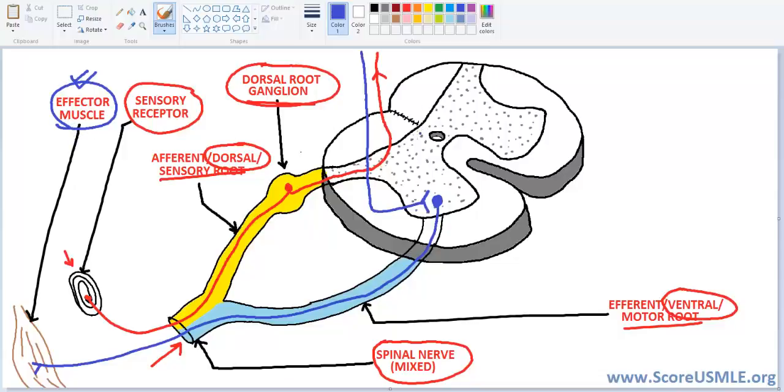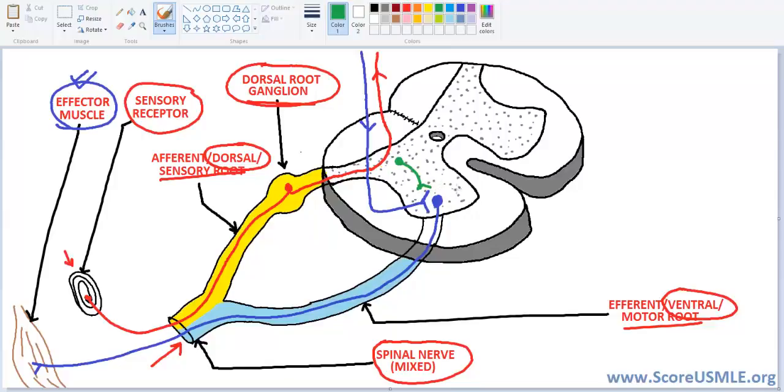Now, I may have cited a particular example of a vibratory sense. We will talk about the other sensations, but this is typically how the ascending and the descending pathways in the spinal cord work. Now, some of you might argue with me saying, oh sir, there's also an interneuron lying here.